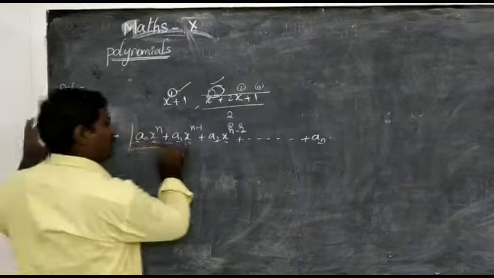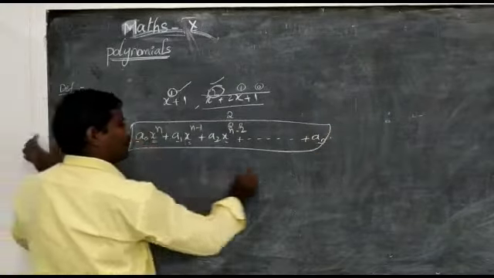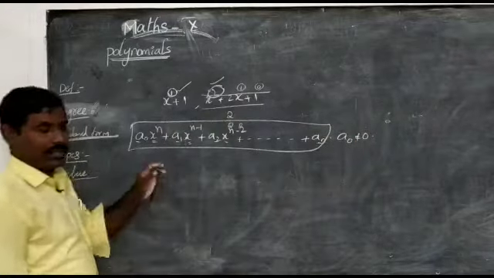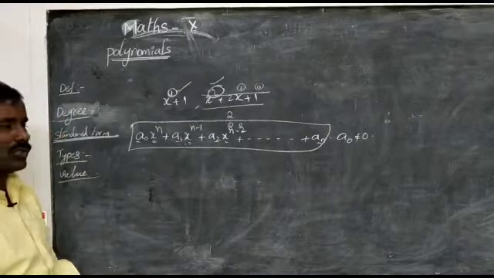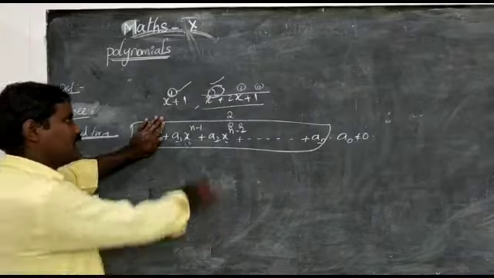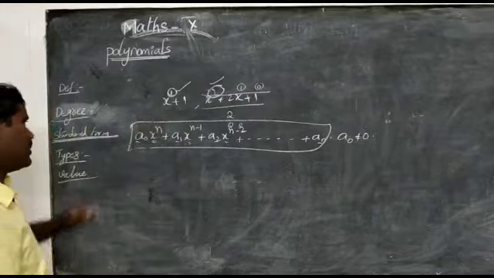This is the standard form of a polynomial of degree n, where a0 is not equal to 0. If a0 is equal to 0, then the degree is n minus 1, like that.